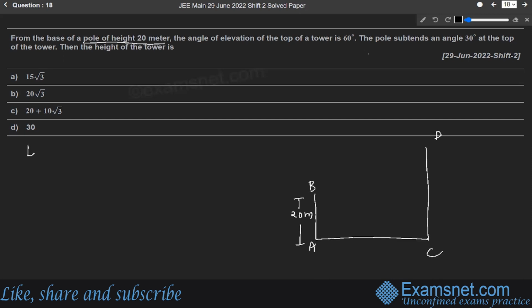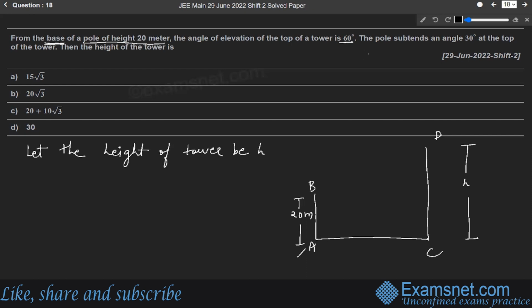So let the height of the tower be H. So this is H, which is the height of the tower. Two different angles are given here: the angle of elevation of the top of the tower is 60 degree, and it is from the base, from the base of the pole.